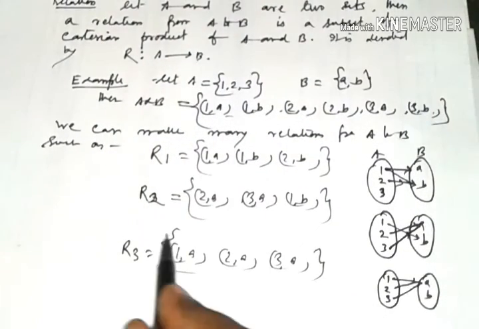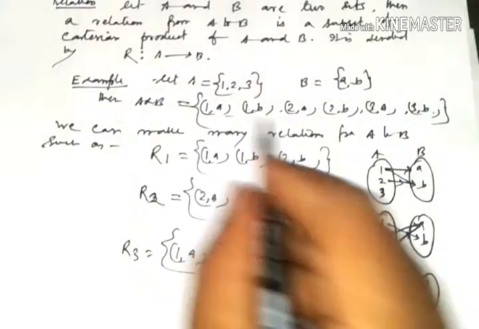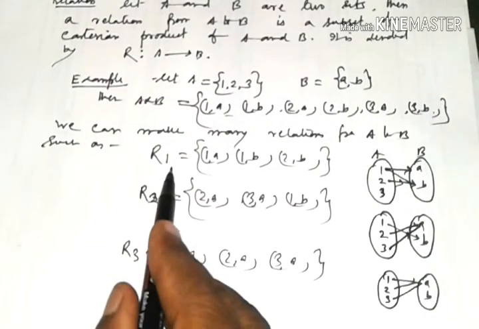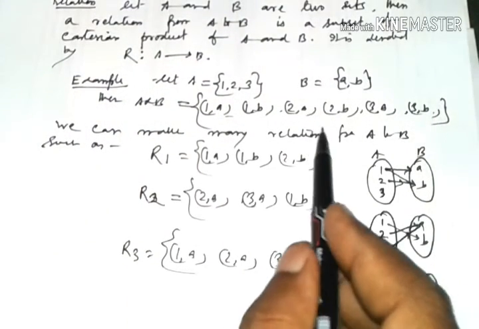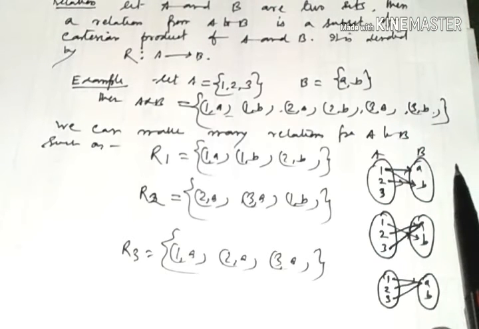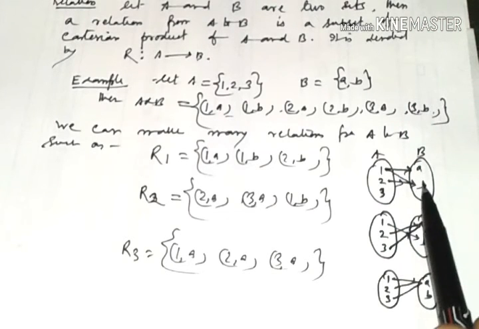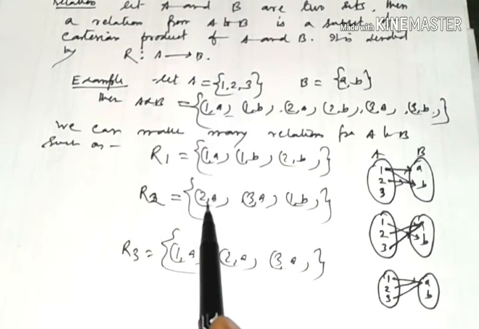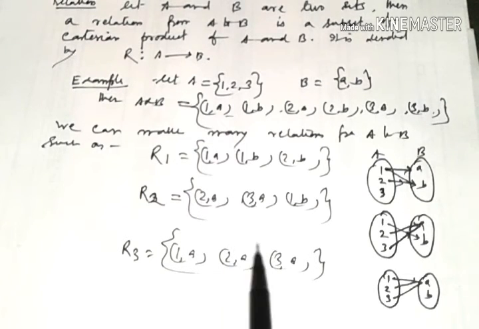Clearly we see that R1, R2, R3 are subsets of a Cartesian product. Therefore we can say that a relation from A to B is nothing but a subset of a Cartesian product A times B.